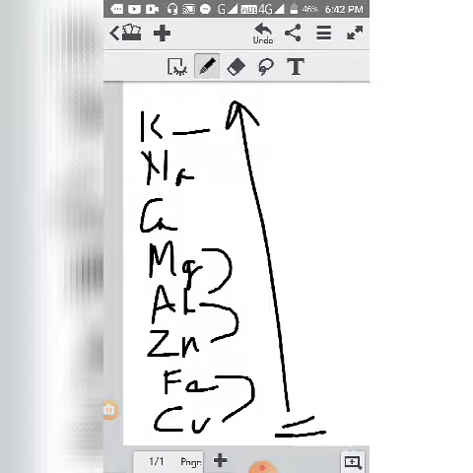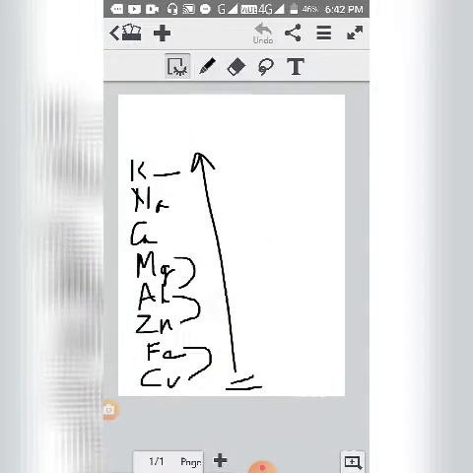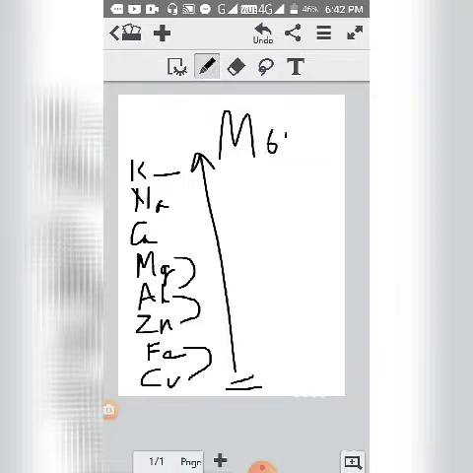This is the reactivity series. It is just the arrangement of metals in decreasing order where more reactive metals are placed at the top and less reactive are placed at the bottom.